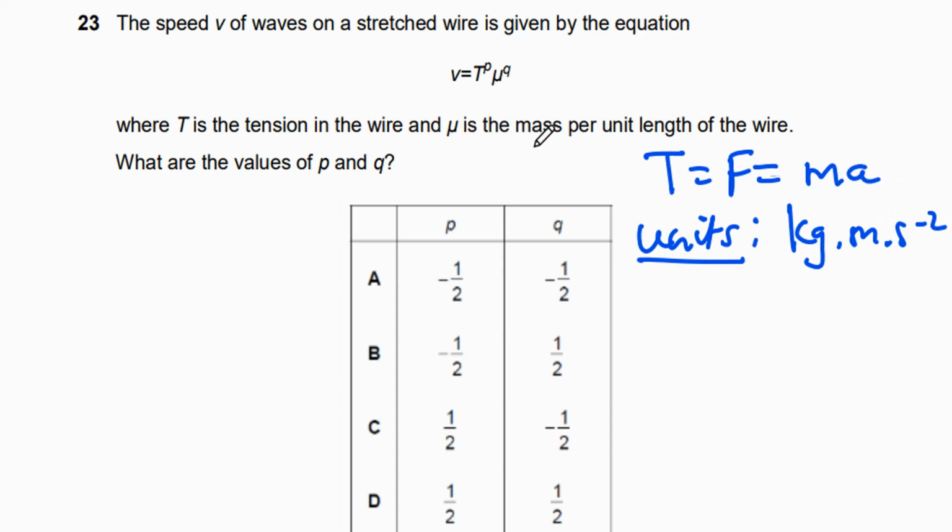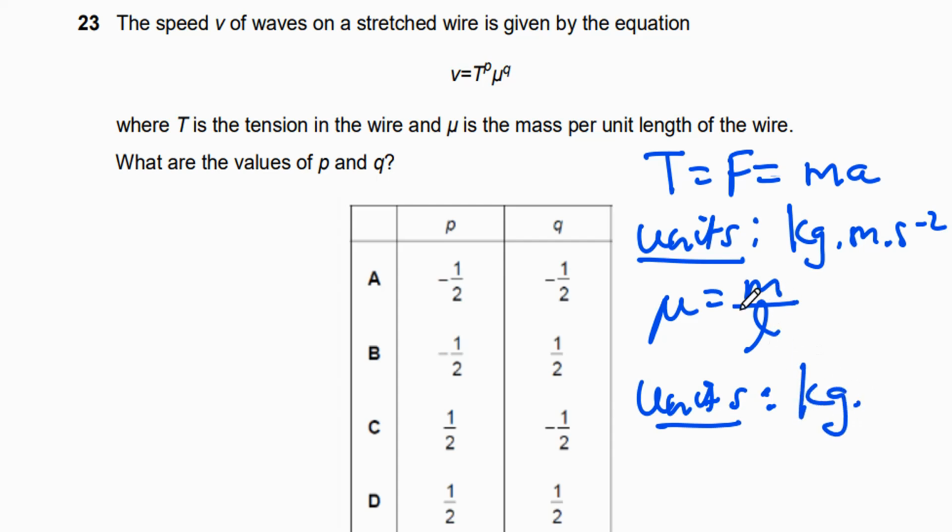We're told that mu is the mass per unit length, so m over L. So the units for mu: mass in kilograms, and L is a length, so the unit will be the meter. So when we bring the meter to the top, it becomes m to the negative 1.